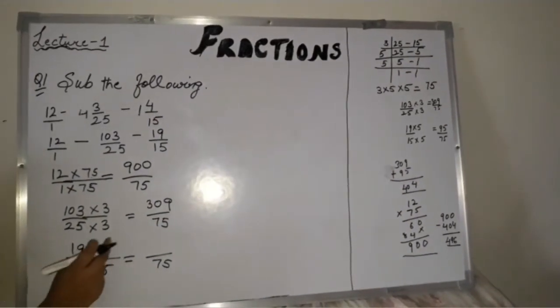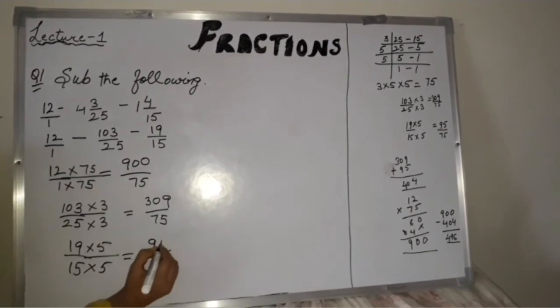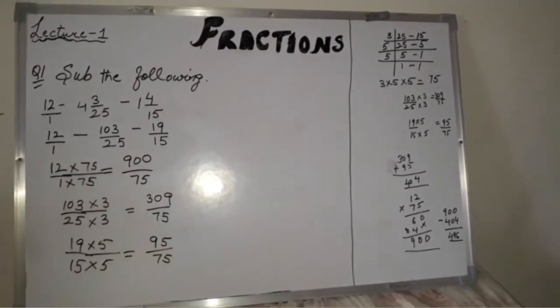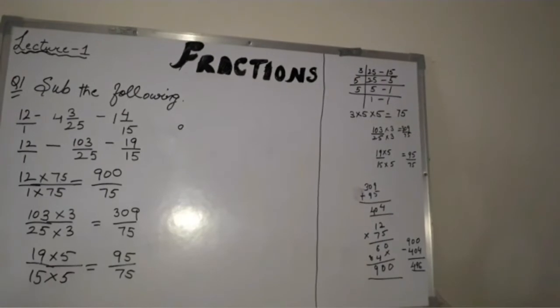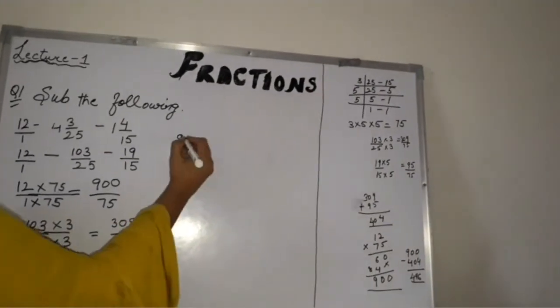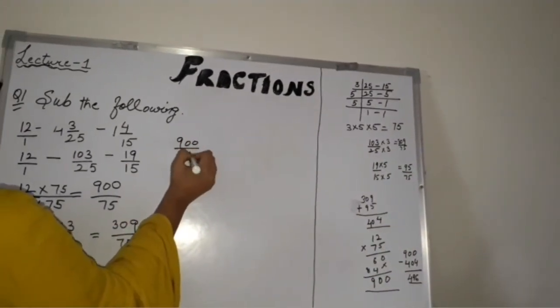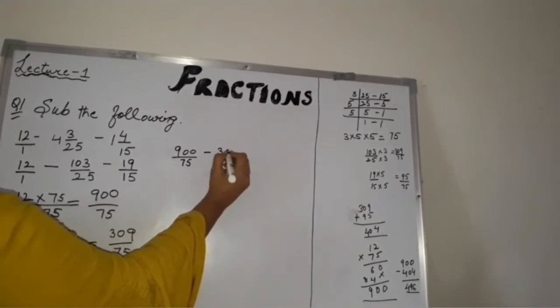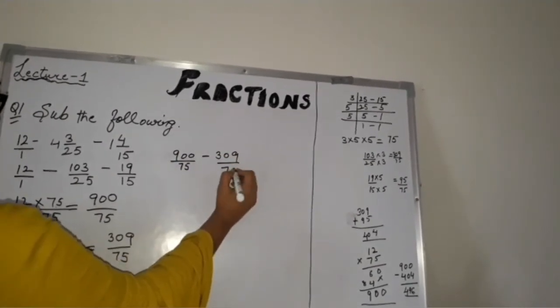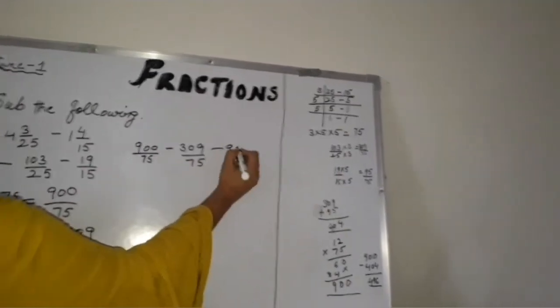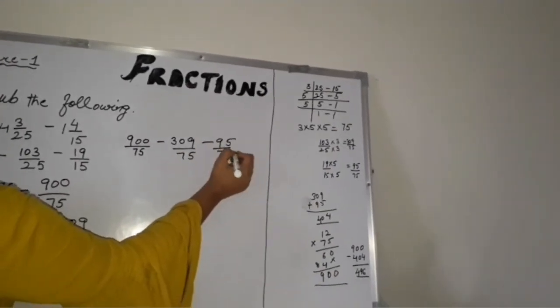So 19 5s are 95. Now what I get is 900 upon 75 minus 309 upon 75 minus 95 upon 75.